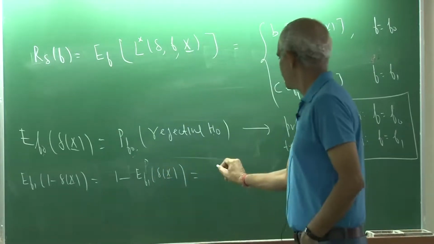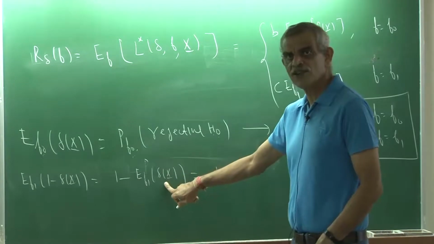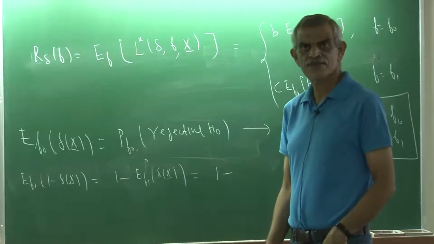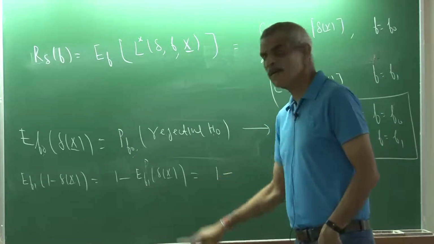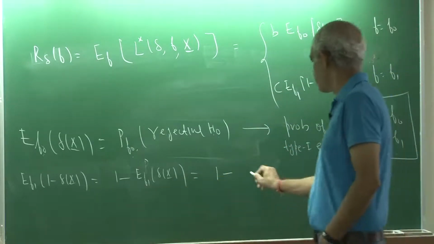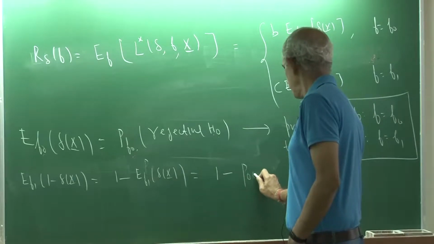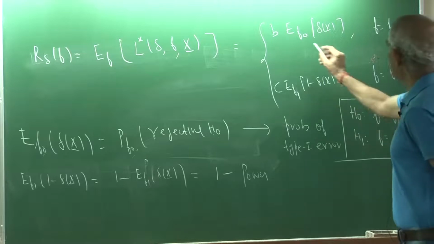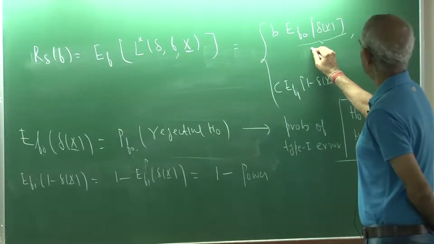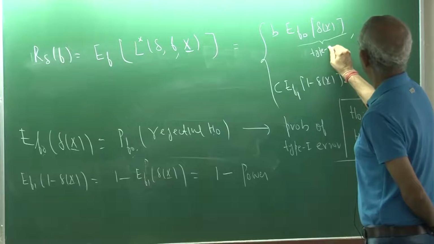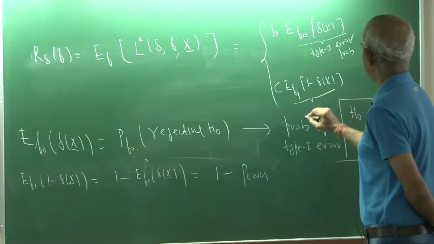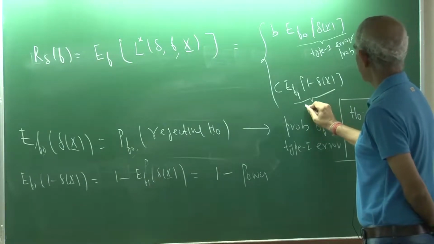And what is this? This is the probability of rejecting H0, that means accepting H1, when actually H1 is true. This you define as power. So this is the same as 1 minus power. So E f0 delta x is nothing but the type 1 error probability, and E f1 of 1 minus delta x is 1 minus power.